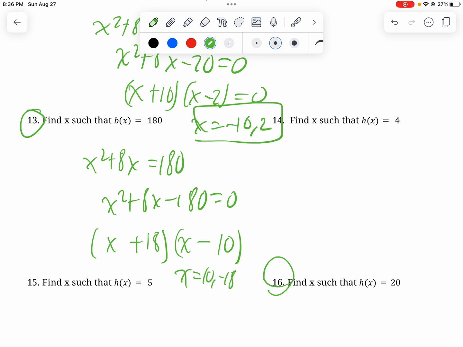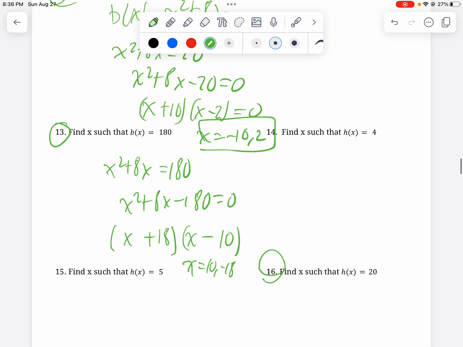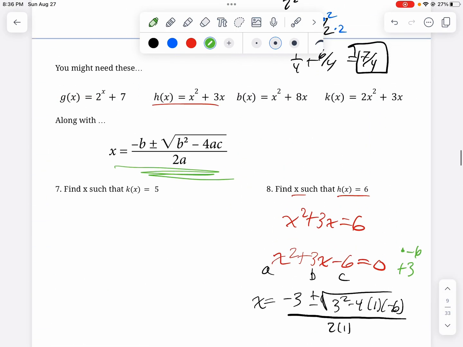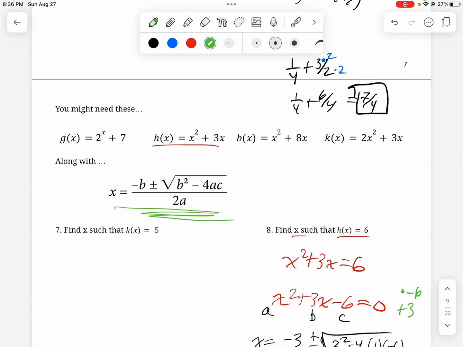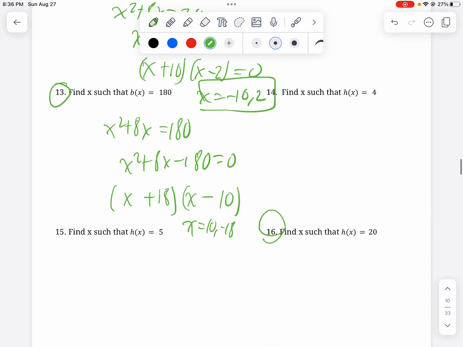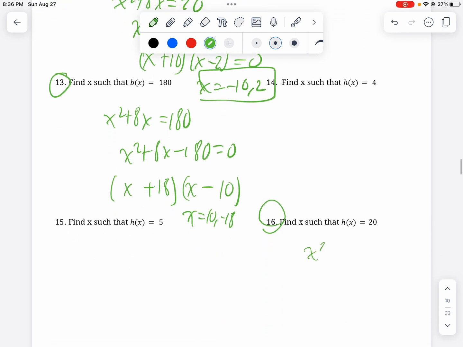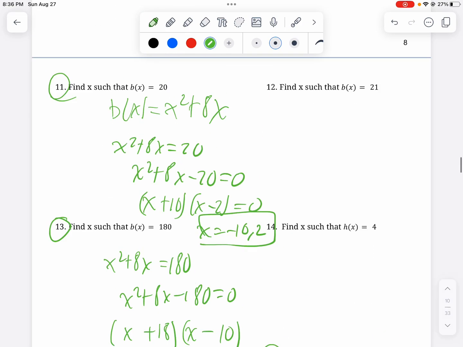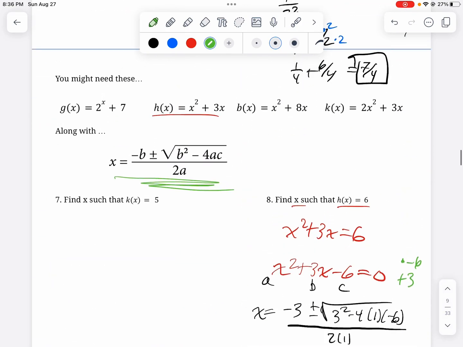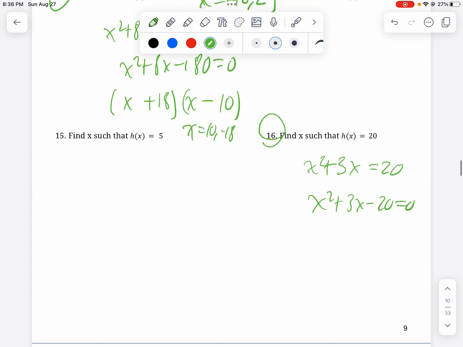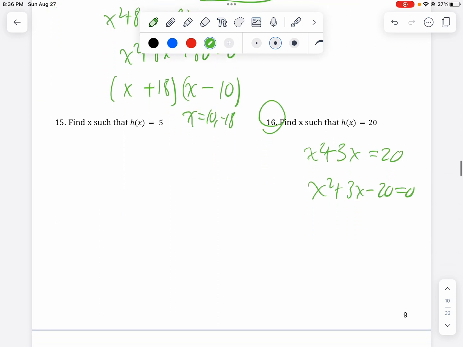Okay. For 16, got h of x. Subtract the 20 over. Is that the right function? Let me just double check that. Yeah, cool. What multiplies to negative 20 and adds to 3? Nothing does that.